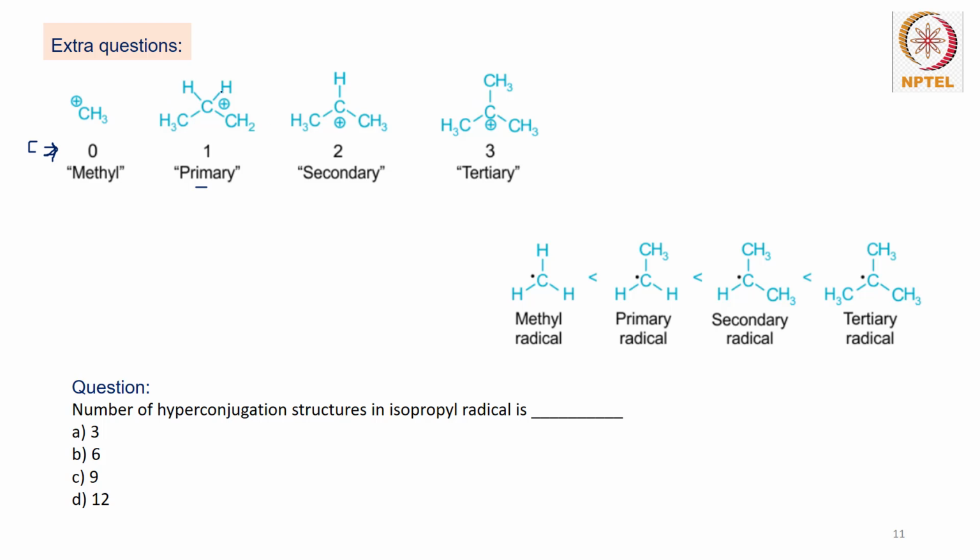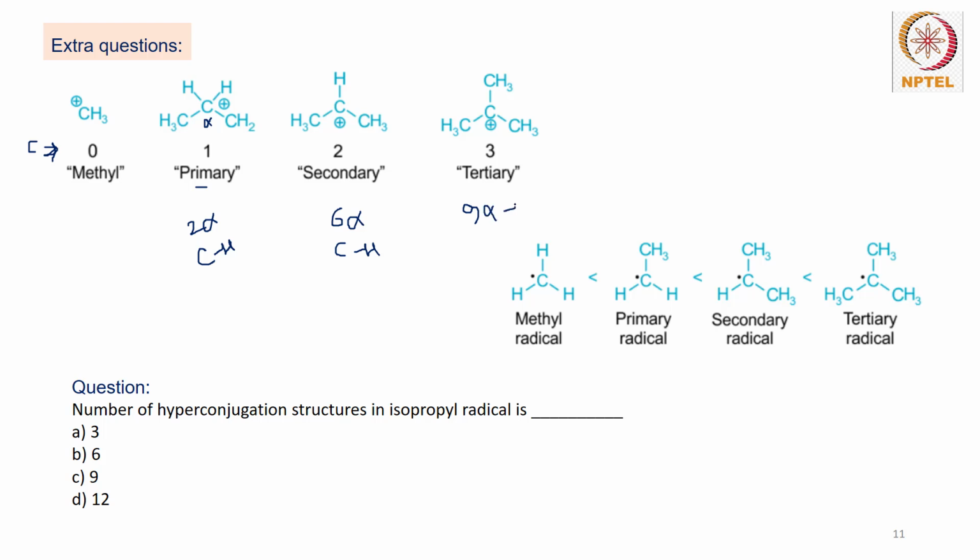So if you see how many adjacent C-H bonds there are, that is 2. If you say this is the alpha position, how many alpha C-H bonds? 2 alpha C-H bonds. Here 3 carbons, so it will be 6 alpha C-H bonds, and in this case 9.